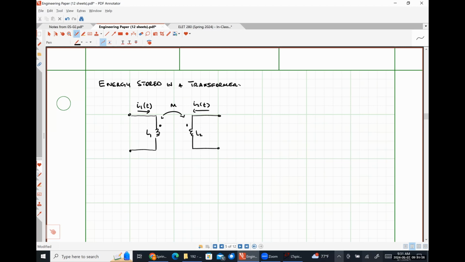If we were to replace our transformer with a T equivalent circuit model, we would have something like this.